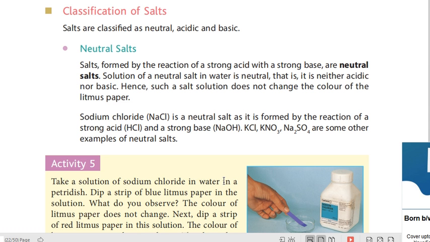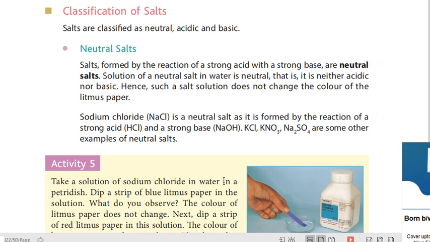When strong acids react with strong bases, they form salt and water. So salts like sodium chloride, potassium chloride, potassium nitrate or sodium nitrate are neutral salts. Okay.